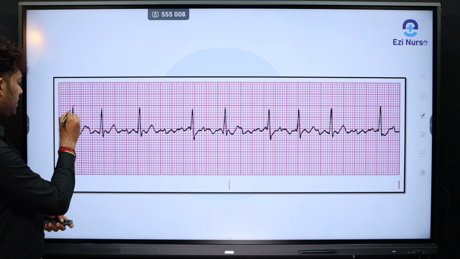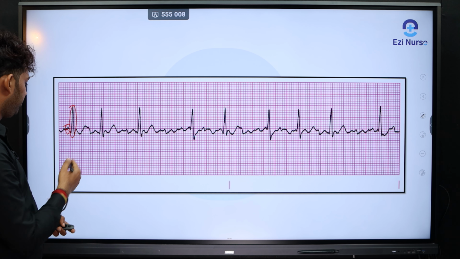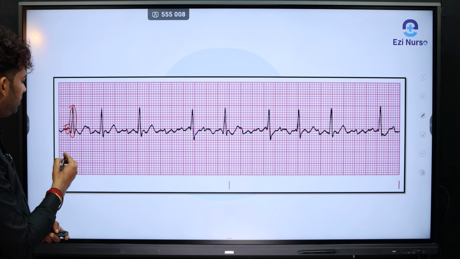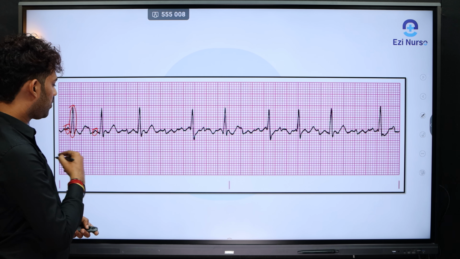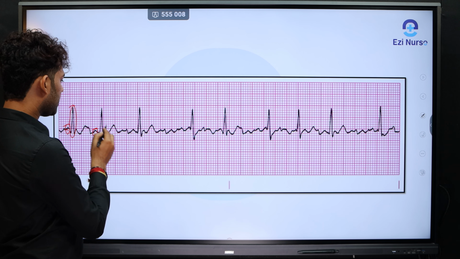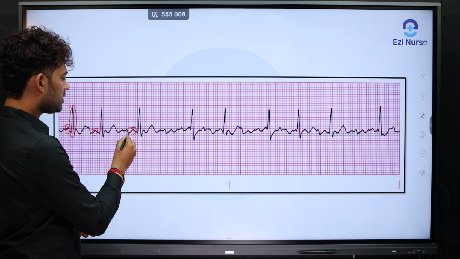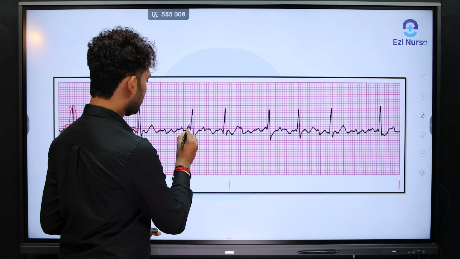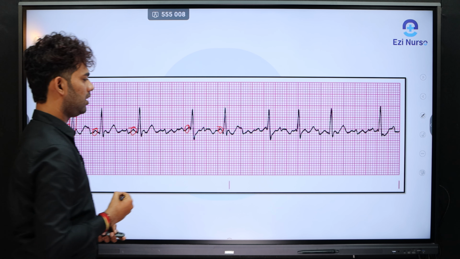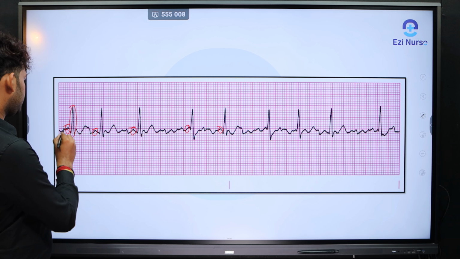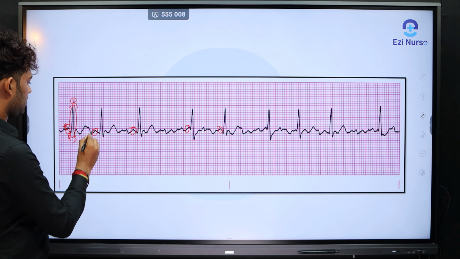Then this is the QRS complex, the tall peak-shaped one, and it is normal. There is no definite T wave. Here again is the P wave, but there is only one column, and the QRS complex is normal. Here too the P wave has only 2 columns, and here 1 column, and here only 2 columns. See, this is P wave, Q, R, S.